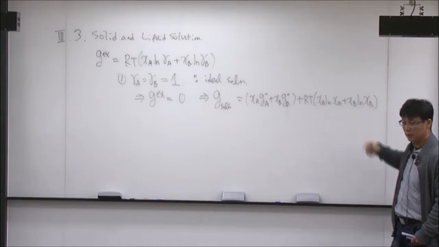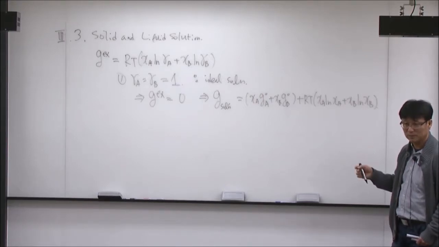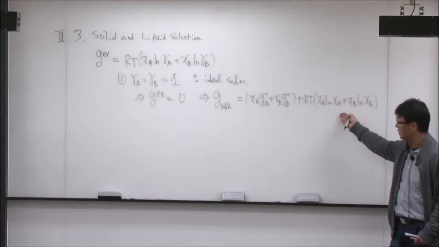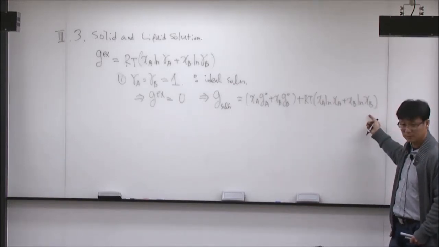And it means there's no interaction, so A and B don't produce some delta H of mixing. No delta H of mixing. There's only delta S of mixing, yeah? Am I right?